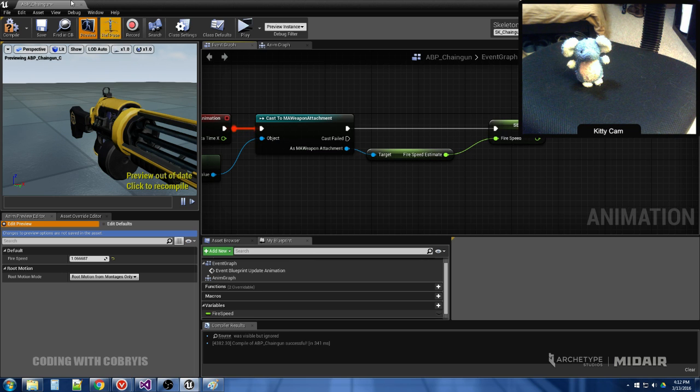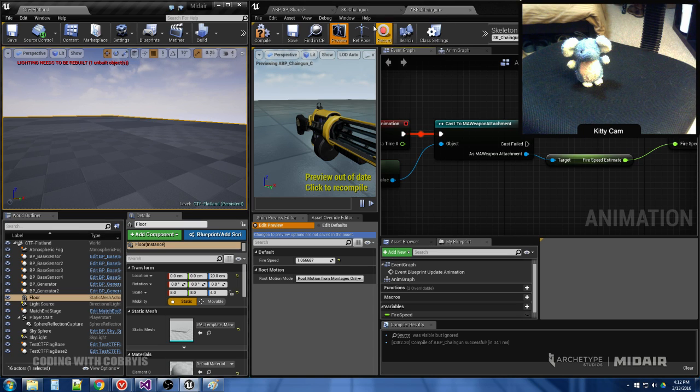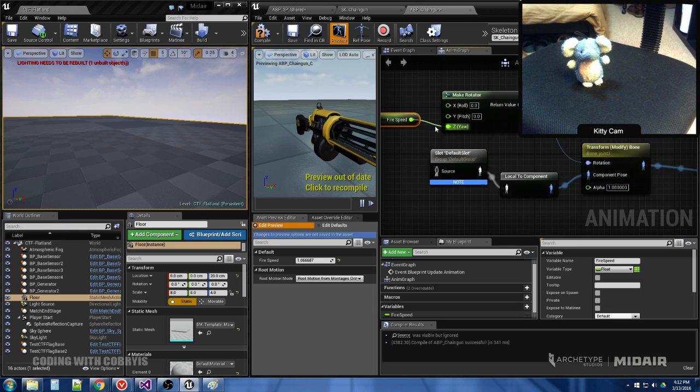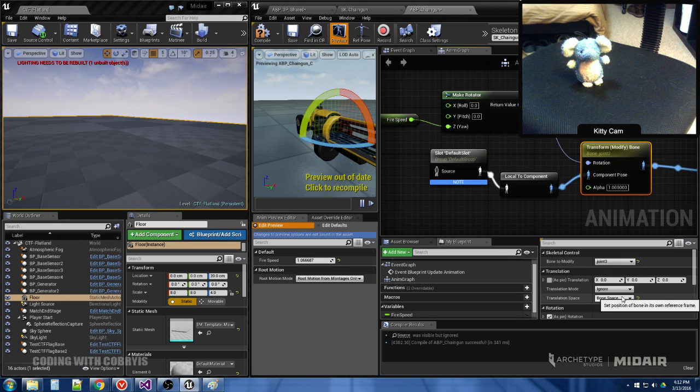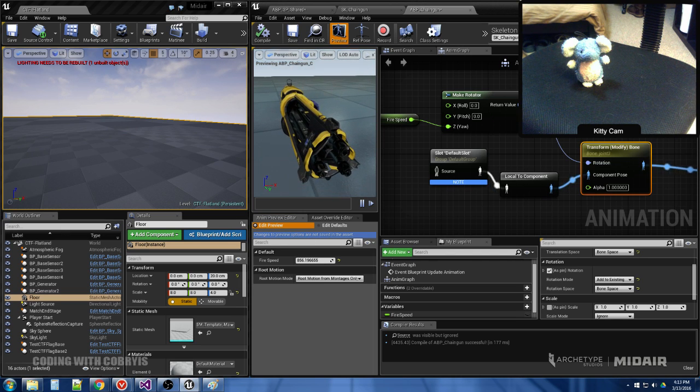Alright, this is a harder problem than I thought it would be. And it's not that much harder, but let me correct this really quick. I thought I put this in bone space. Wrong one. Yeah, that makes it spin.